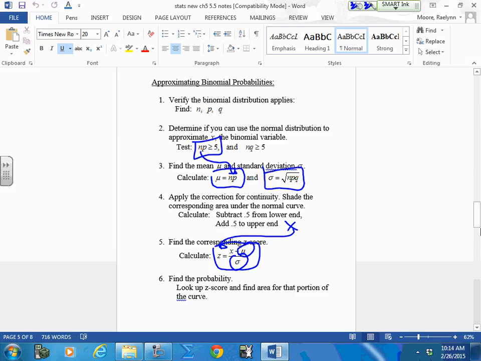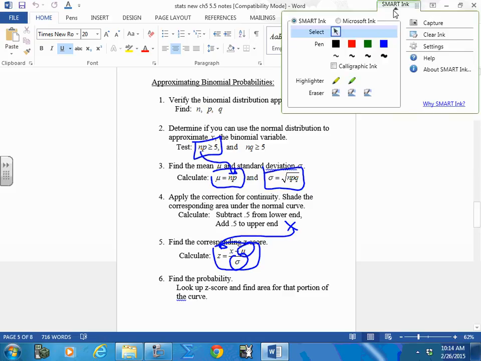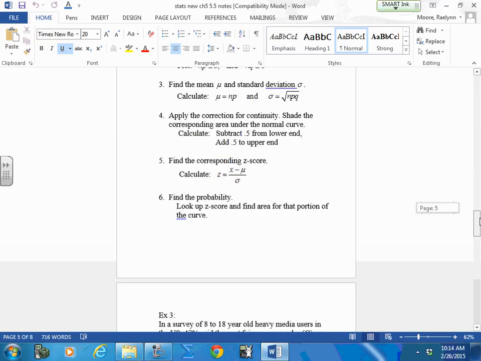The rest works exactly the same. So we've got a couple of extra items. We're going to test it first to see if it approximates a normal curve. We're going to find your mean, your standard deviation. We're going to correct it for continuity. Then we're going to plug it into your z-score formulas. Okay? So let's take a look at one. You're going to see they do make sense when we do them.